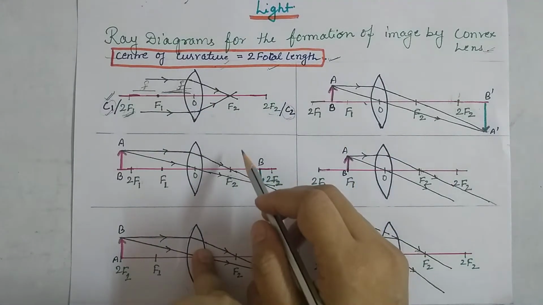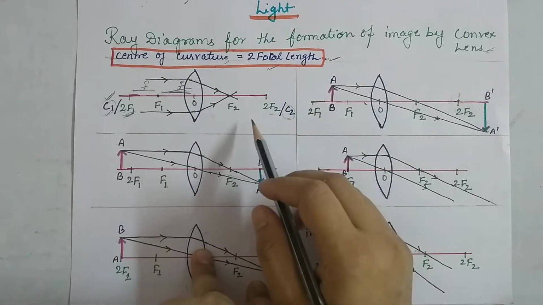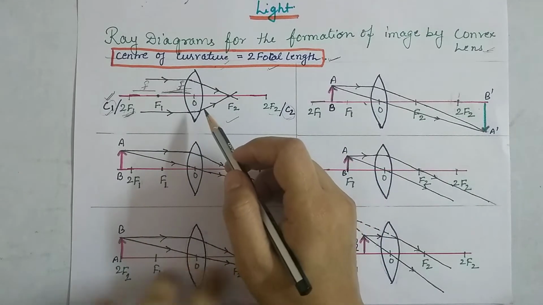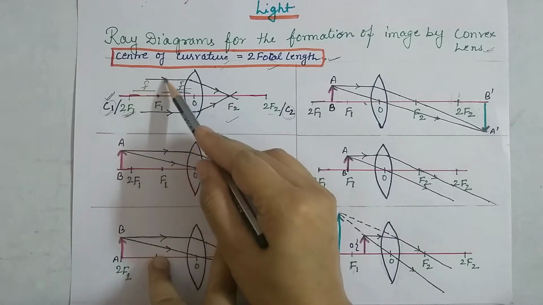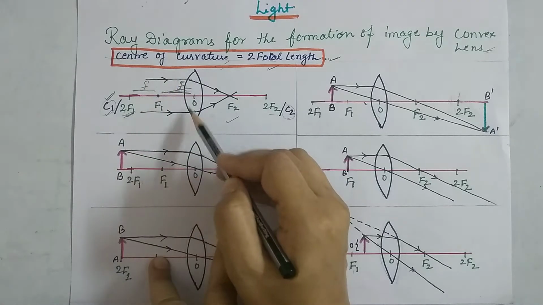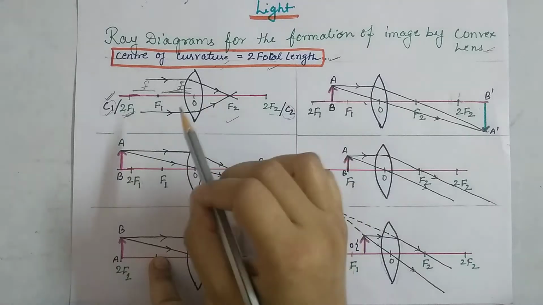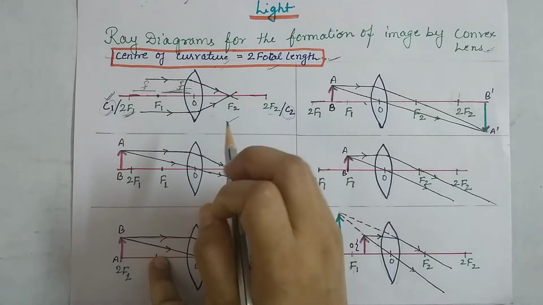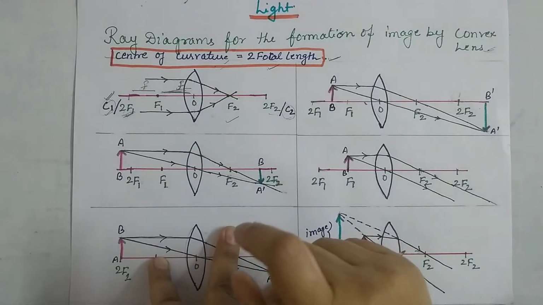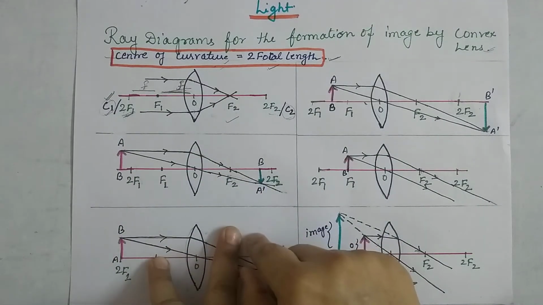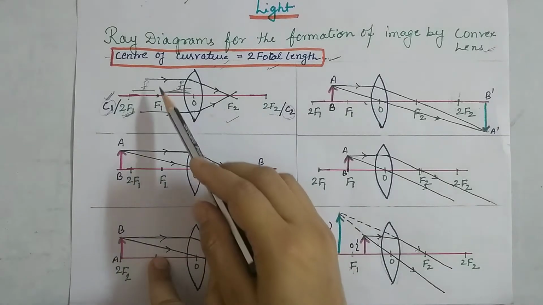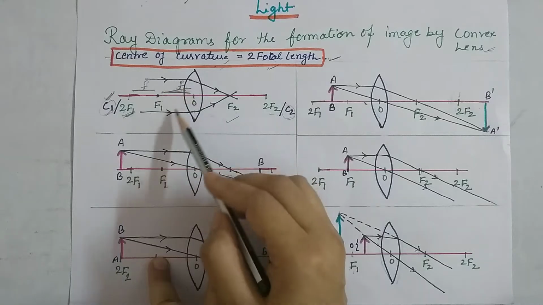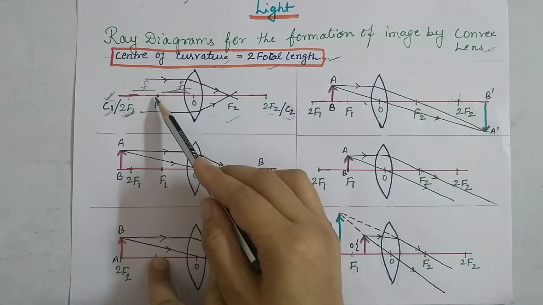Now let's start the ray diagram for the convex lens. This is your first figure. Before understanding the ray diagram you must recall all the three basic rules that we discussed earlier for making ray diagrams. First, you can see that the incident ray is parallel to the principal axis.